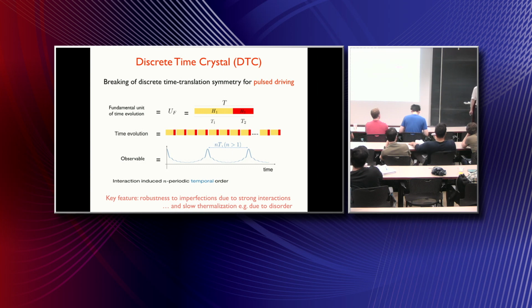Then you can have things like period doubling, for example, which are well-known phenomena in classical physics. And they are indeed very closely related. There is now still active work to try to understand the connections between these two things.